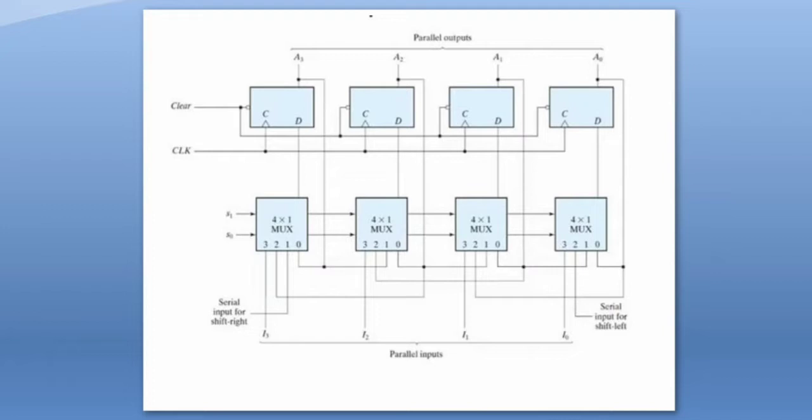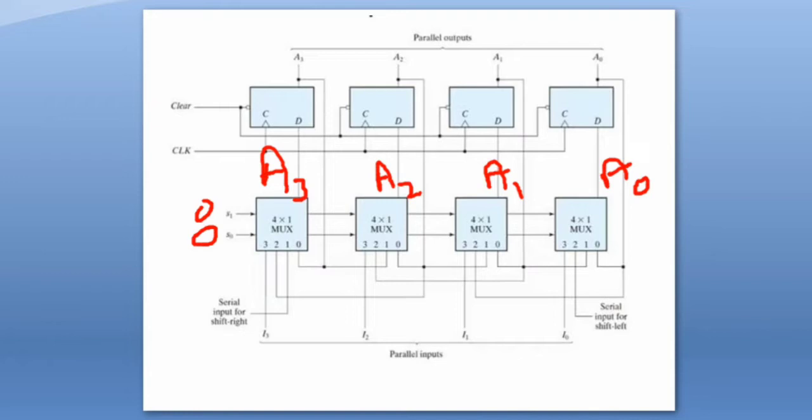So if I give the selection line values 0 0, whatever input is connected to this pin will come out. Here the A3 value will come out, here A2, here A1, and here A0.